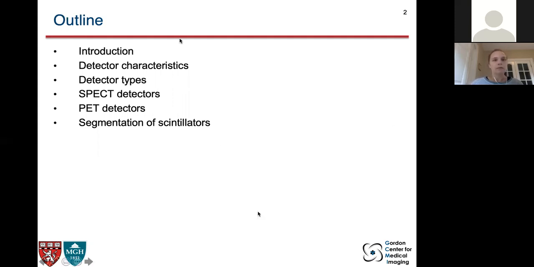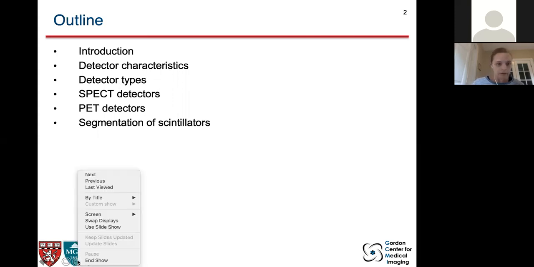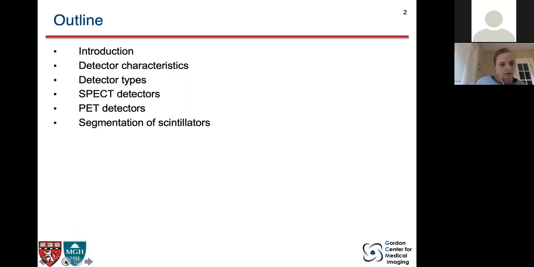So I'm going to start with detector characteristics. I will do a quick recap of the detector types that we talked about on Tuesday.